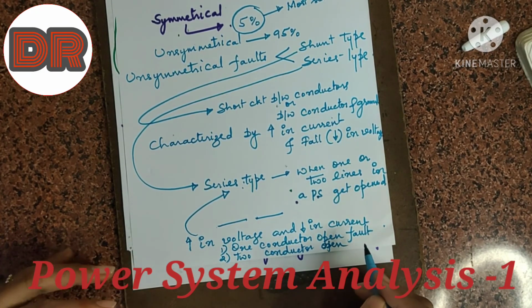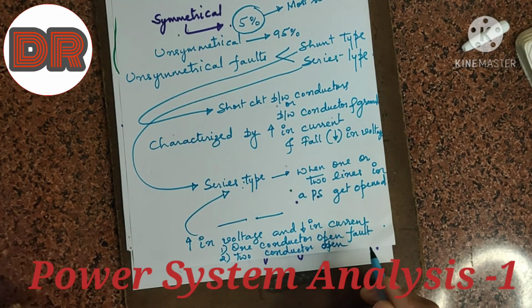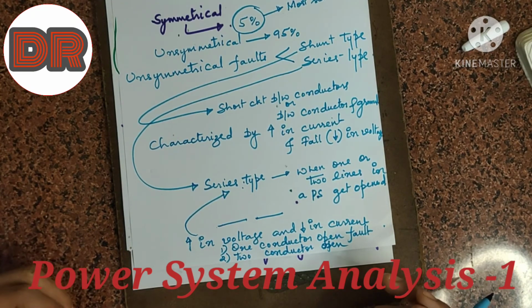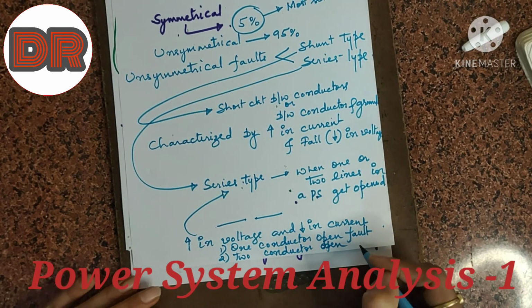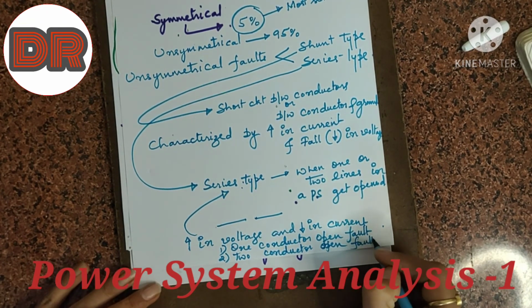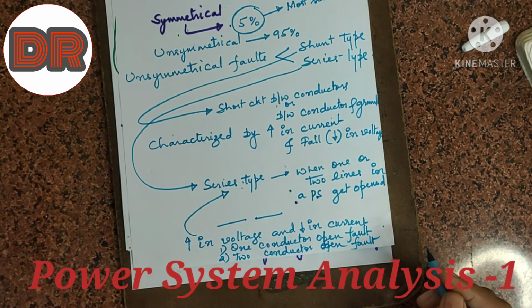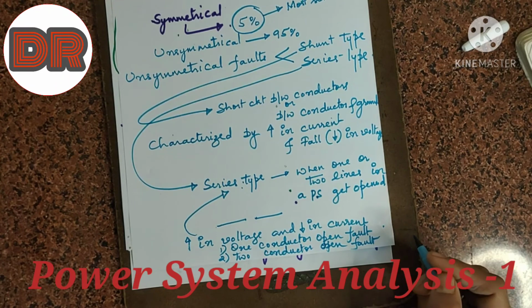Three conductor open fault we cannot have. If all the three conductors are open, then there is no question of saying it's a power system, because it's completely open. The system is open circuit. There can't be any current flowing in this system. Okay, so we have one conductor open or two conductor open fault. So these are series type of fault.